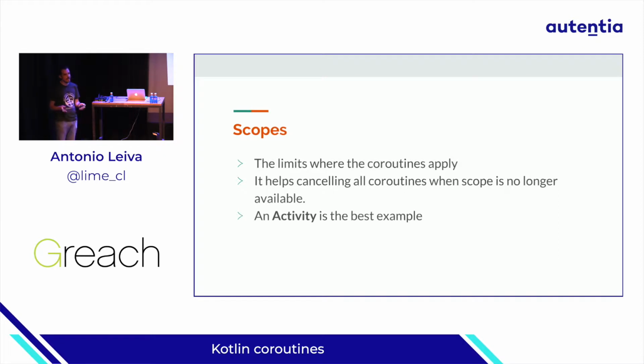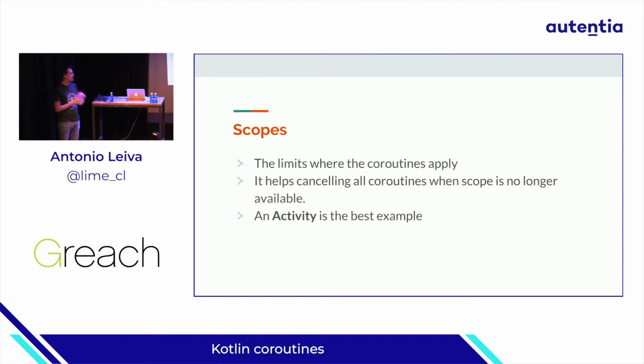In Android, we have activities that are created when they are visible on the screen and are usually destroyed when they are hidden. Well, the life cycle is a little bit more complex, but in any case, we have a clear situation where that screen is created and destroyed.